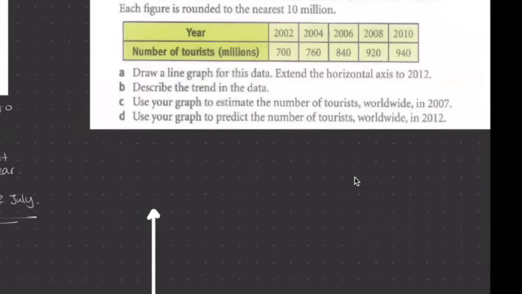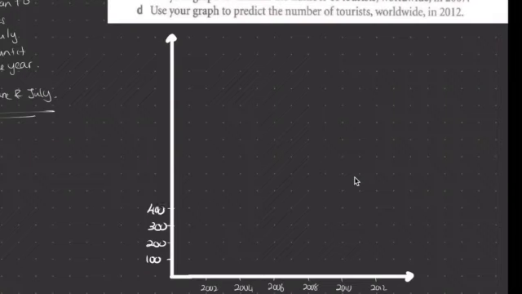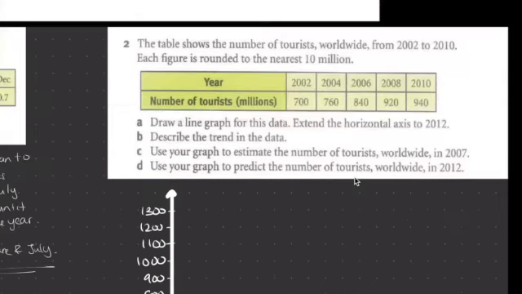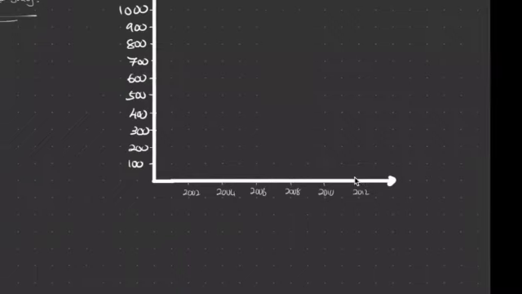There were a number of tourists, 700, 800, 900. So maybe we just draw up to 10. That'll be here.